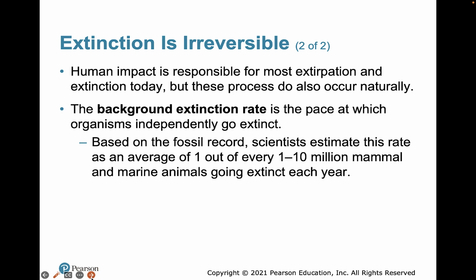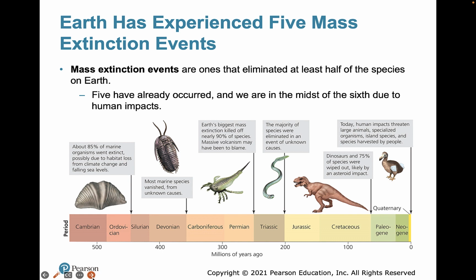We talked about the background extinction rate. Spoiler alert, we are responsible for most of it, okay? There have been mass extinction events. Here's the Permian Triassic that we talked about before. 90% of the species disappeared due to massive volcanism and then a subsequent warming of the earth.